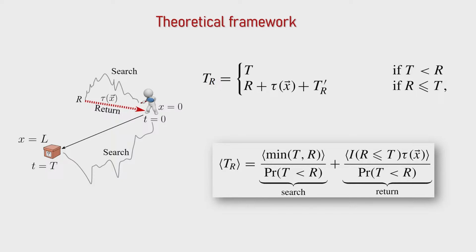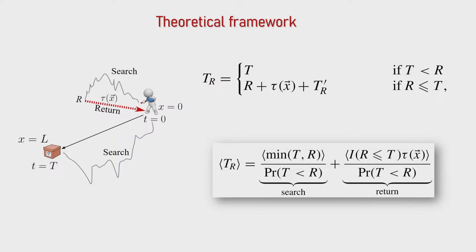Suppose it is searching and then at stochastic time R, it decides to return. Then this time R is added, and also this time tau of x, the time needed for the searcher to start from here and reach here. However, after returning here, the searcher restarts its whole search process again, and this TR comes here, but it is an IID variable of TR, an independent and identical copy of TR.